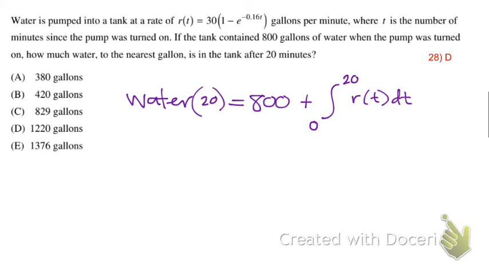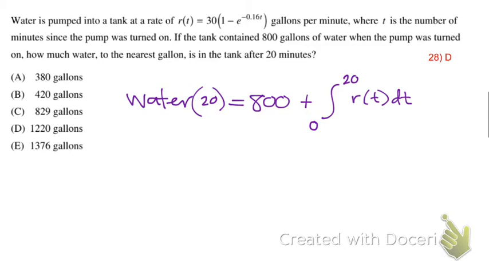So if we come back over here to our calculators, let me put this back on your screen. I'm going to type in that R of T function here.